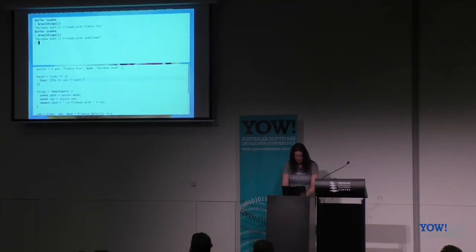So if it is not null or undefined, I want to call the function with a value that is stored inside the maybe, inside this closure. And if it is null, I just want to not call the function and just return null. So essentially, processing will stop at this point. The callback will never be called. It's just going to vanish out in the void and eventually, hopefully, get garbage collected.